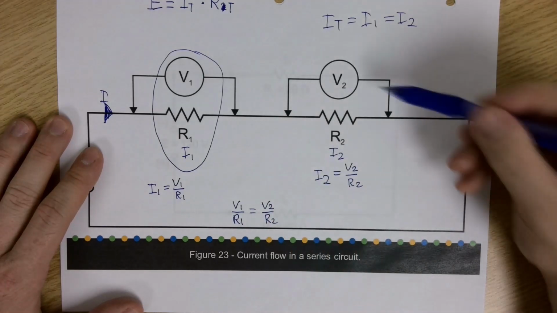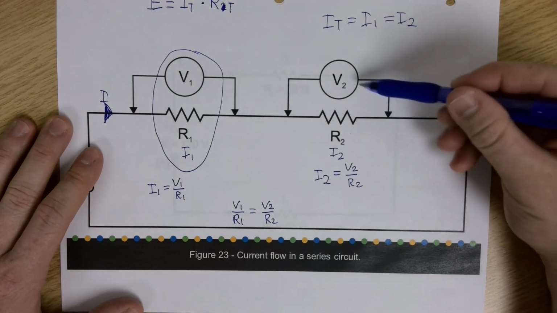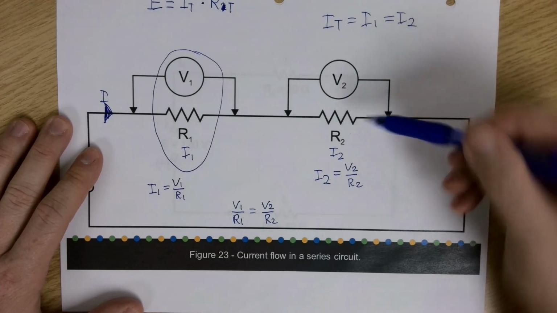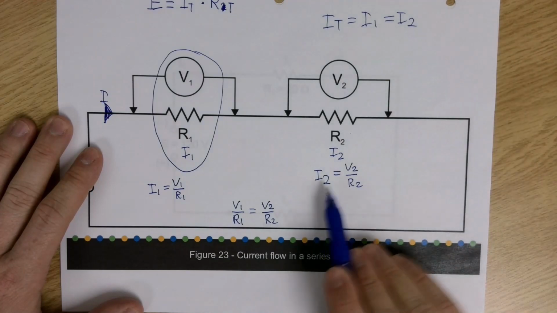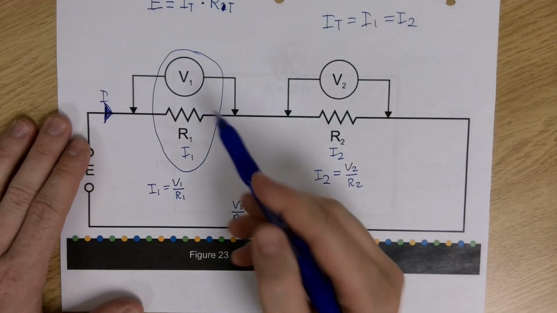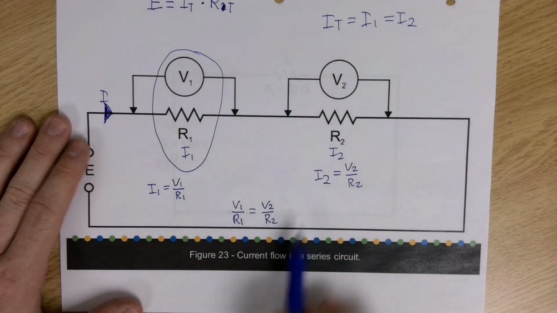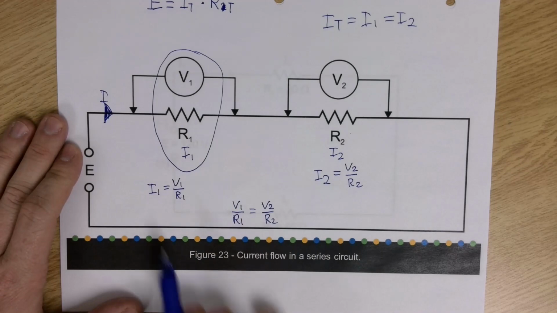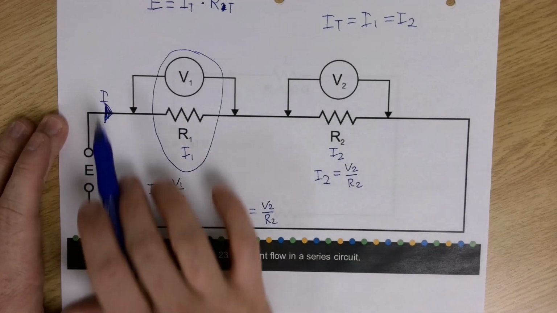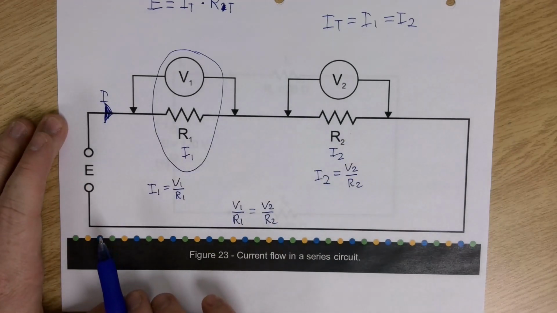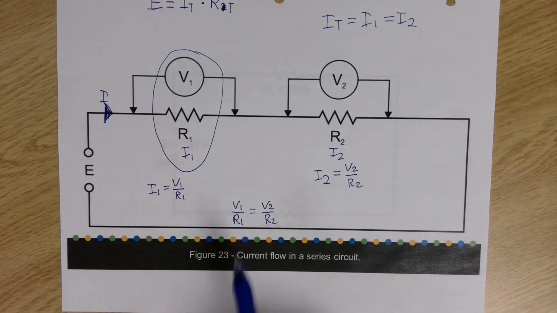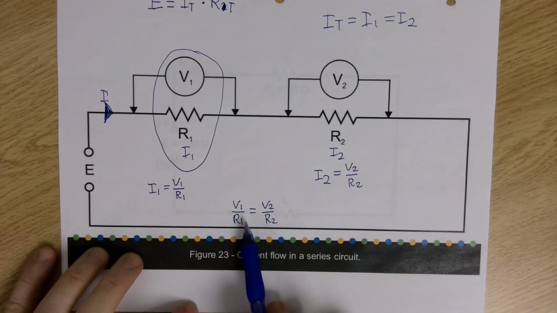Because whatever the values of these 2 variables is going to be equal to I2, but I2 is the same as I1. So whatever the value of V1 and R1 is must also be equal to I2 or I total, because it's a series circuit. Current's the same throughout the circuit. So that's the voltage divider rule that they're talking about in your module.